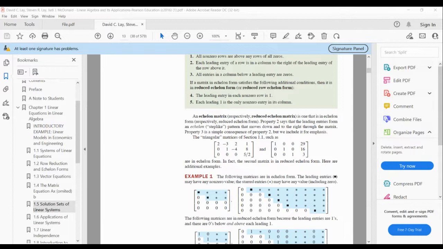The second matrix is in reduced echelon form. So the first matrix in echelon form has a triangle of zeros below the diagonal. The second matrix in reduced echelon form has a triangle of zeros above and below the diagonal. You see the 1, 1, 1 there in the second matrix.